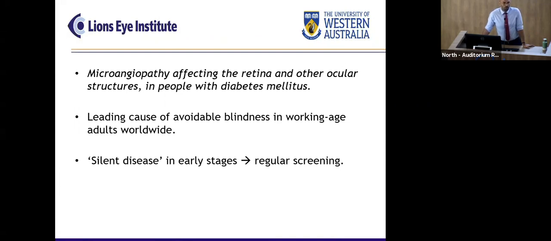So for this reason, as a non-eye specialist, a GP or any other type of doctor, eyes need to be on your radar anytime you see a person with diabetes because people need to be screened so we detect it early enough. And finally, in a nutshell, the management is systemic and ocular. So systemic, the best possible metabolic control, and I'll talk about the ocular management towards the end of the talk.